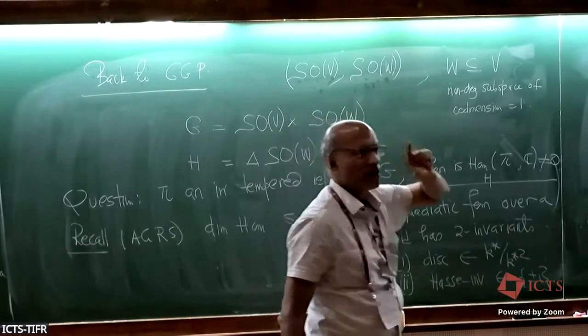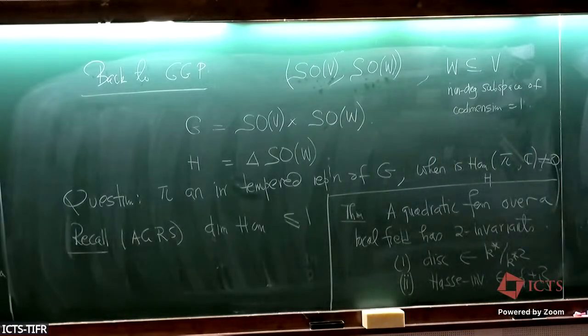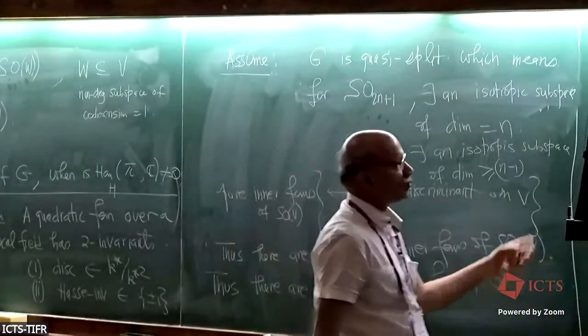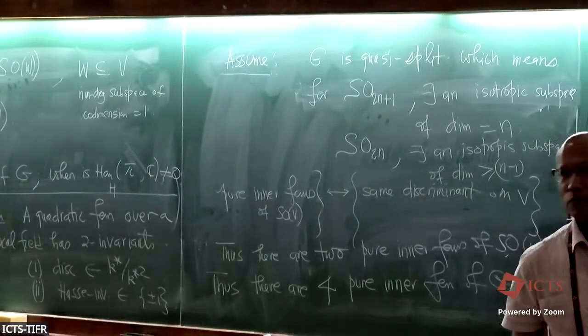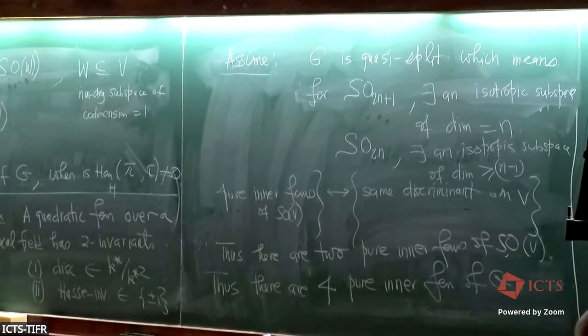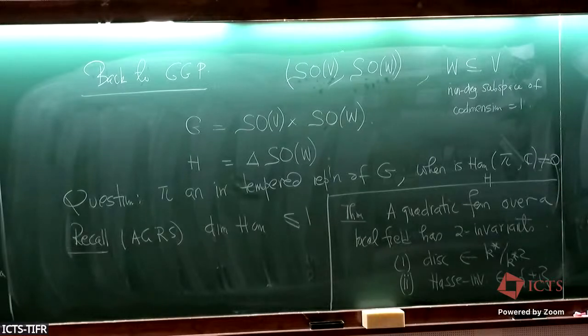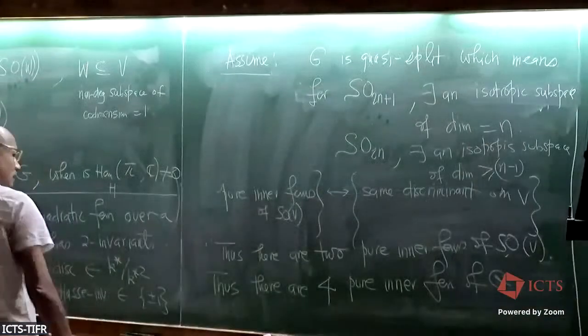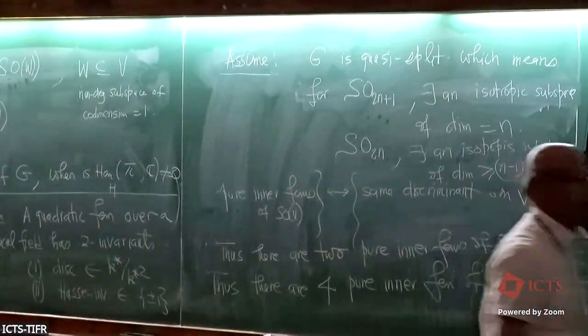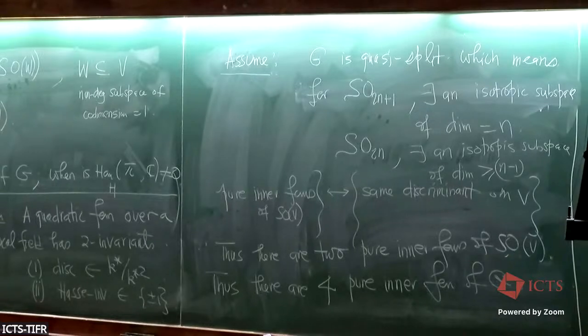So this is what is called the relevance condition, which means that among these four inner forms, we are only interested in those pure inner forms for which the smaller group is contained in the bigger group. That is called the relevance condition, that the pure inner form of the smaller group SO(W) is contained in the pure inner form of SO(V).